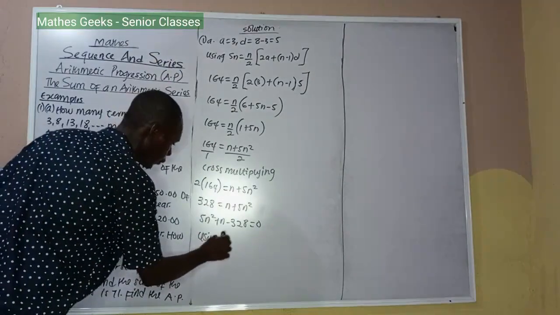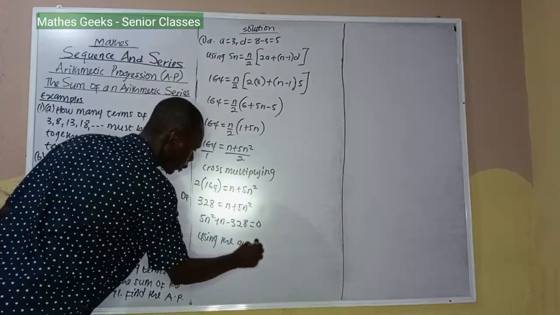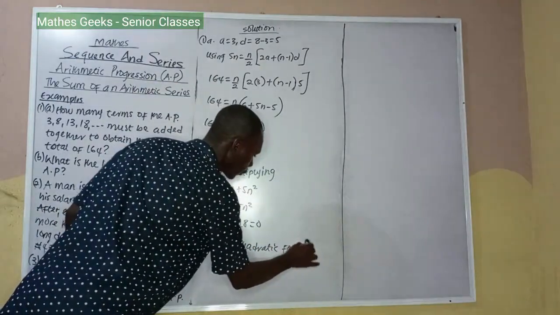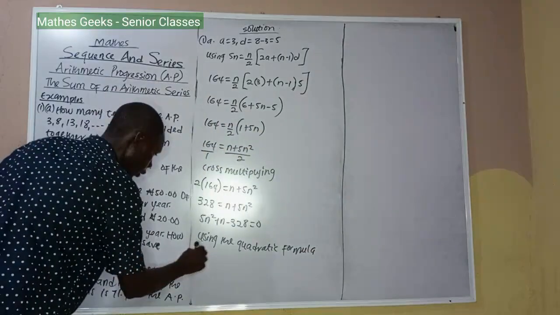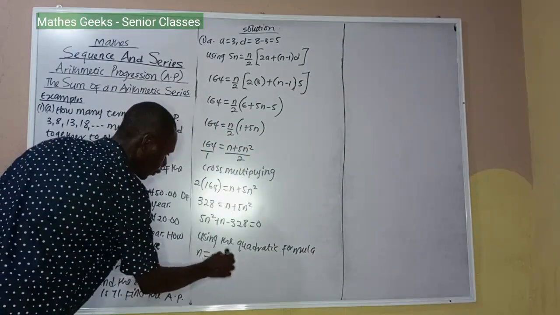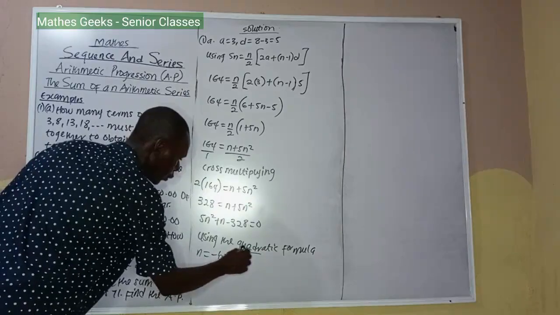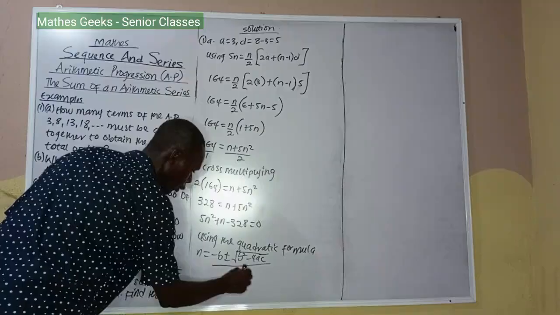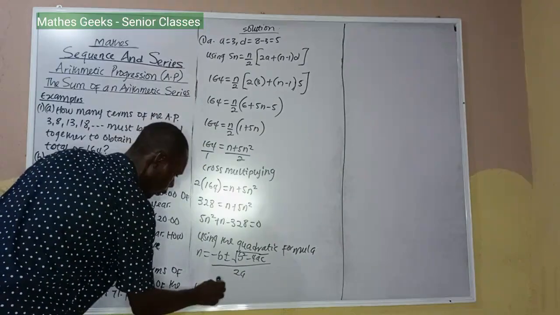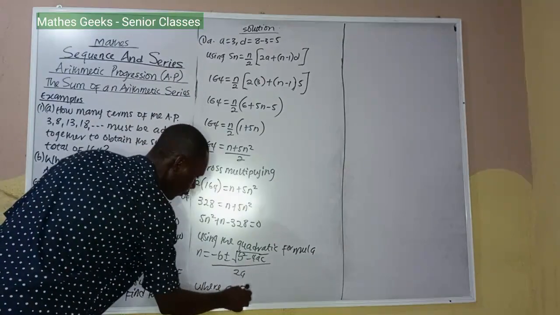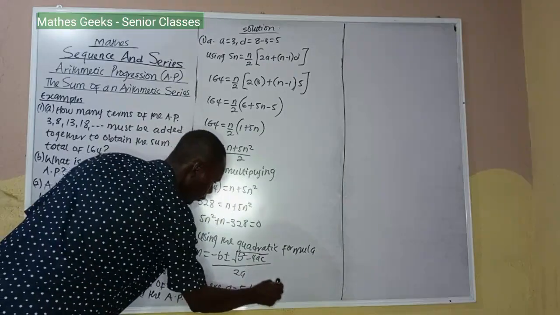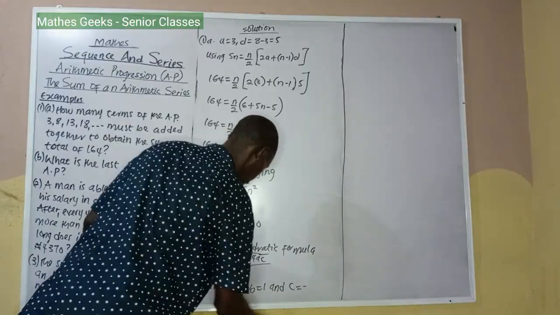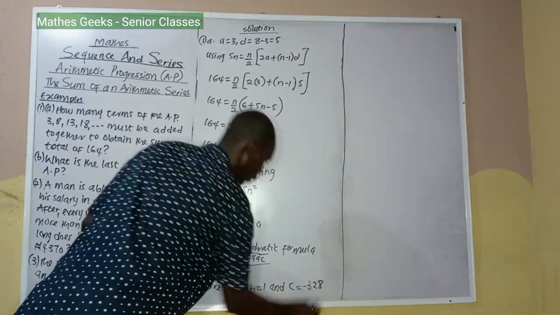Using the quadratic formula, n is equal to minus b plus or minus the square root of b squared minus 4ac, over 2a, where a is equal to 5, b is equal to 1, and c is equal to minus 328.